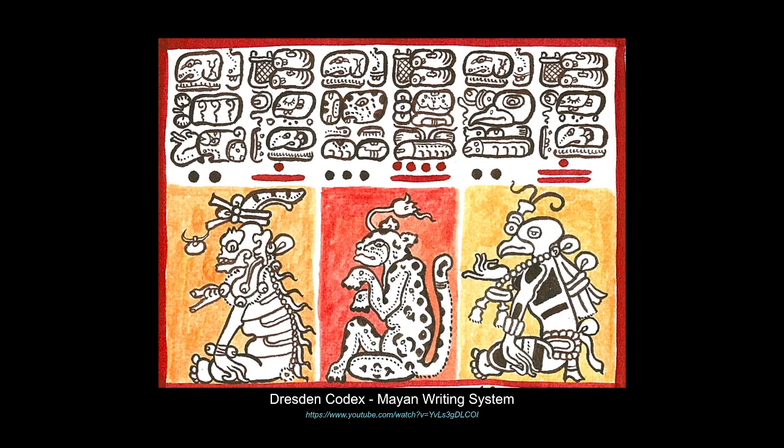An example of how people do this in the real world, from a language perspective, is the Mayan writing system. This language was actually destroyed by missionaries in the 16th and 17th centuries. They burned all of the books that had anything to do with the Mayan writing system.